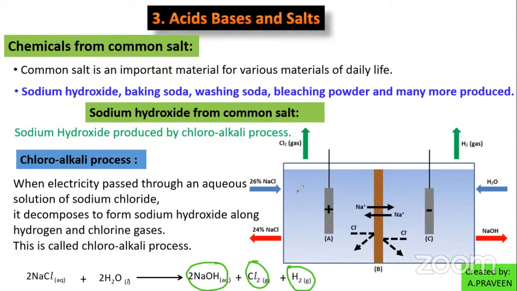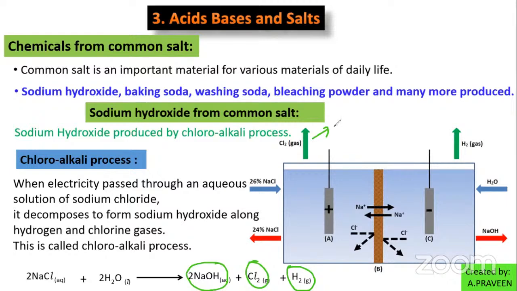Next, this NaOH is also used in paper production and in the production of artificial fibers. Chlorine gas is used in the production of pesticides and fertilizers, and in disinfecting treatment at water treatment plants, where we use chlorine gas for the chlorination process.